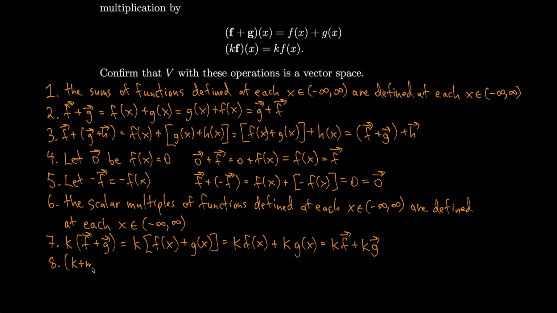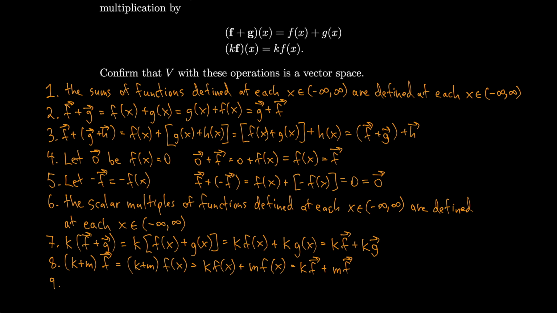Okay, how about number 8? k plus m times f is going to be equal to k plus m times f of x, which is k times f of x plus m times f of x, because we can distribute the scalar now, and that's kf plus mf.